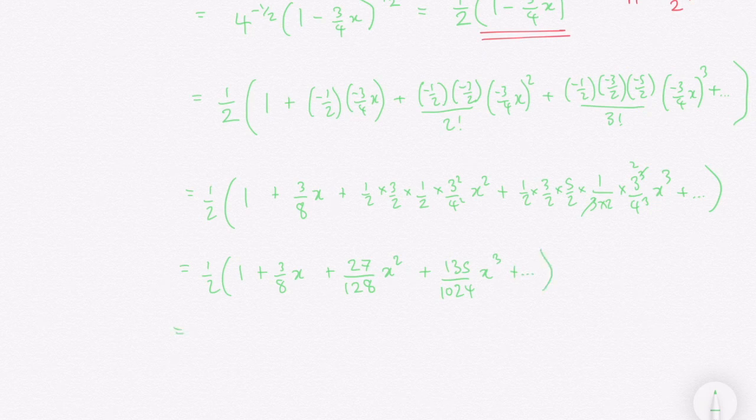And if we expand out that half, we get a half plus 3/16 of x plus 27 over 256 x squared plus 135 over 2048 x cubed. And when is this valid?